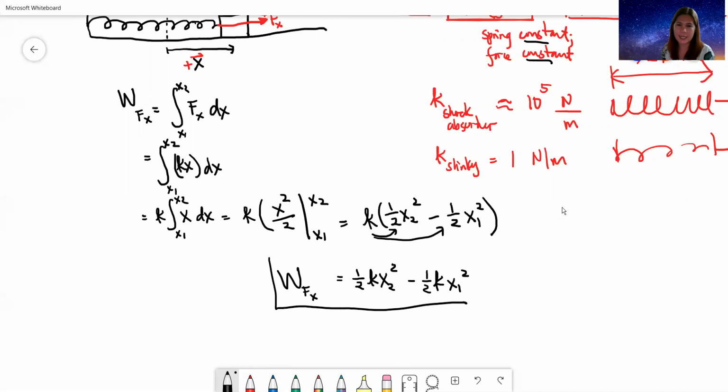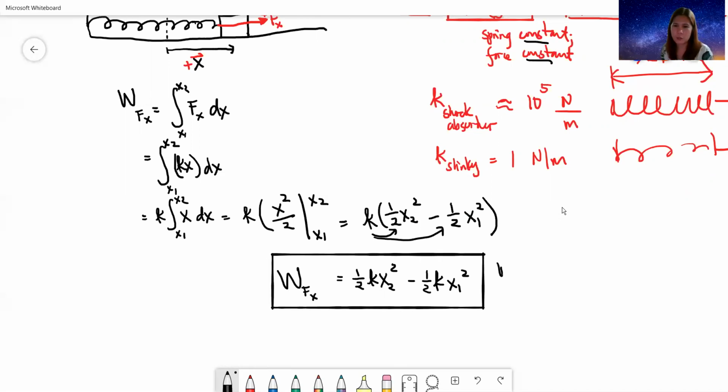Let's compare this with the work done by the spring. So this is the work done by the mass. But technically it's not the work done by the mass, but by a certain other external object.